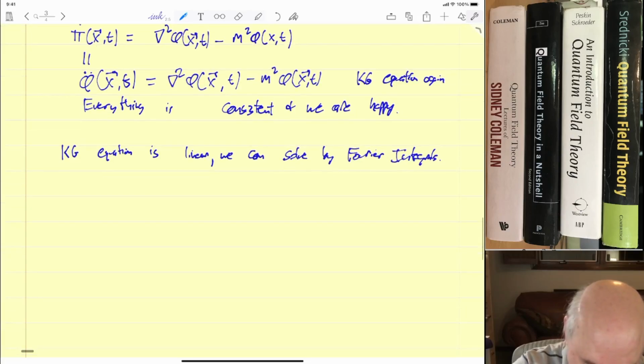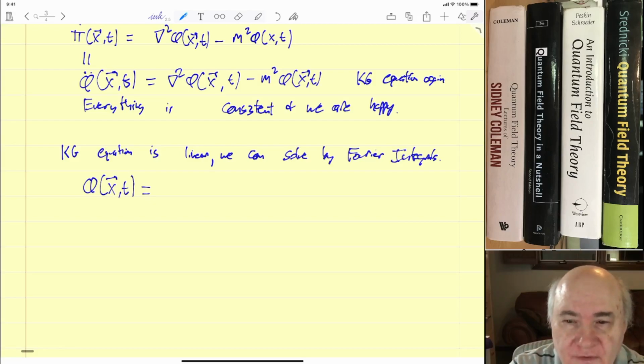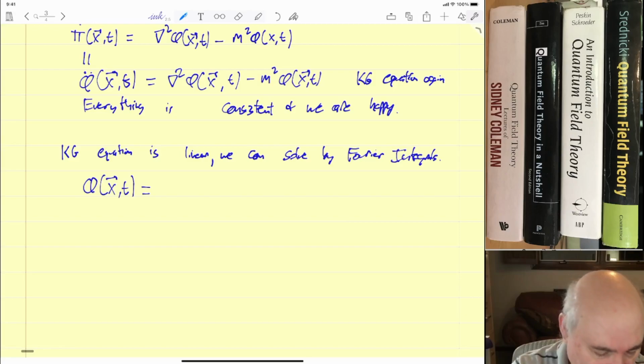So we're just doing an expansion here. So we write phi of x comma t. Now, for this lecture, everything I'm using is the non-relativistic normalization. So it will differ a little bit from, like, Schwartz, but it's consistent with other books.